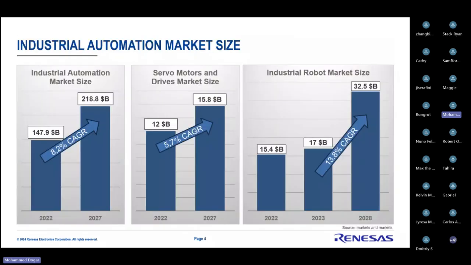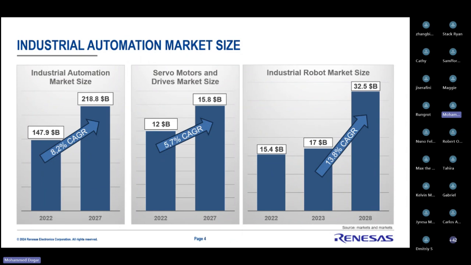Okay, in terms of the trends, let's look at the market. So certainly the industrial market is on the rise. I know we're going through a little bit of a market correction right now, but industrial automation at large, we're seeing, of course, a huge industrialization. The promising compound annual growth of around 8%, reaching 280 billion worldwide. And then specifically, you should look at the servo motors and the drives market.